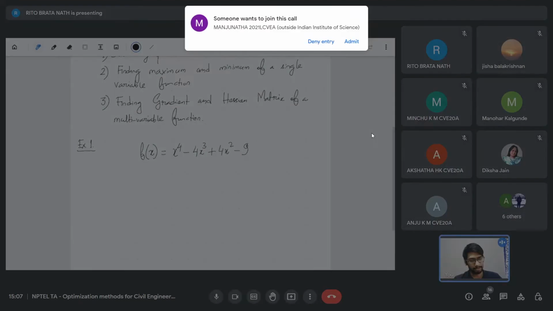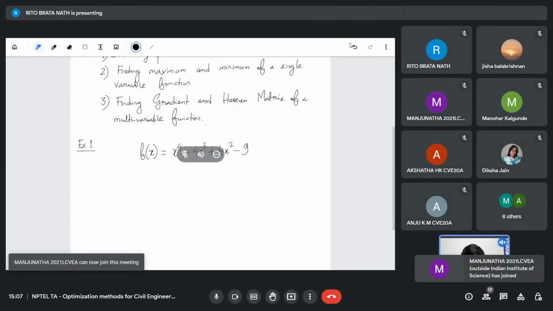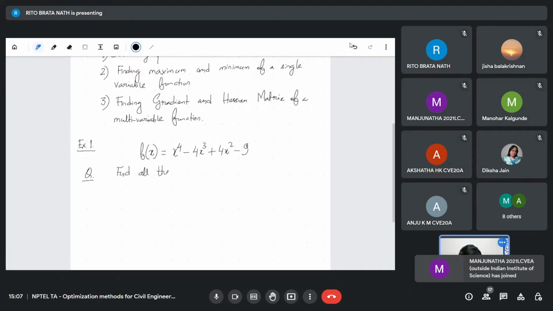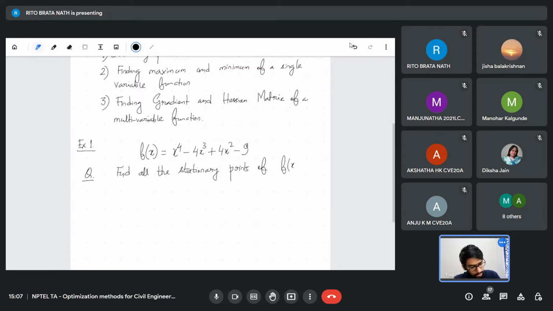Suppose I have this function. My question is: find all the stationary points of f(x). (People are joining in, so I'm adding them, which is why I'm interrupting in between.)